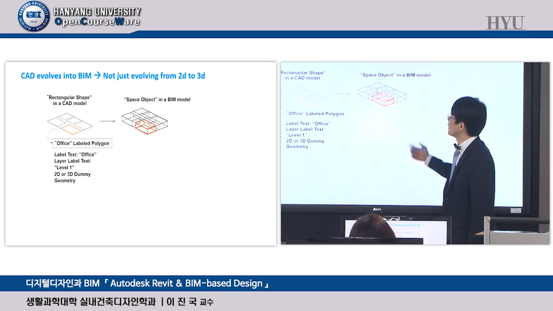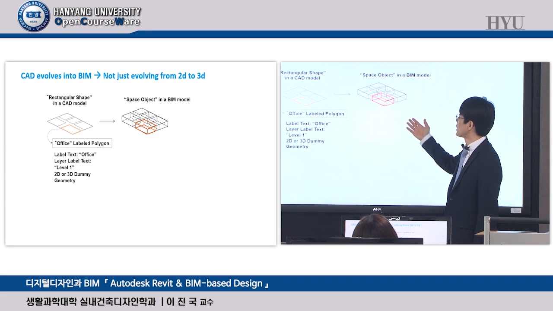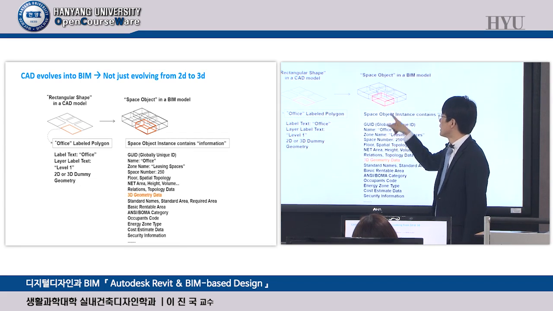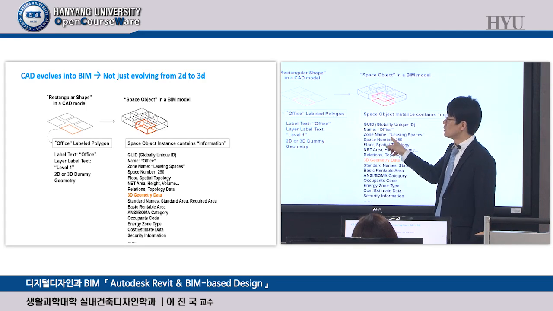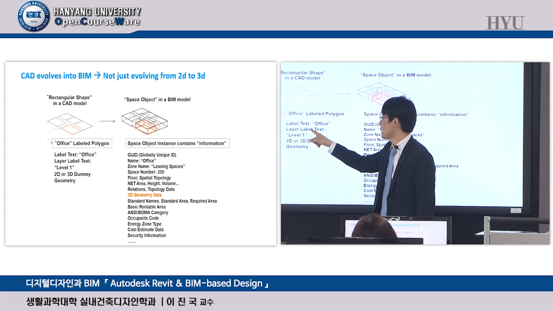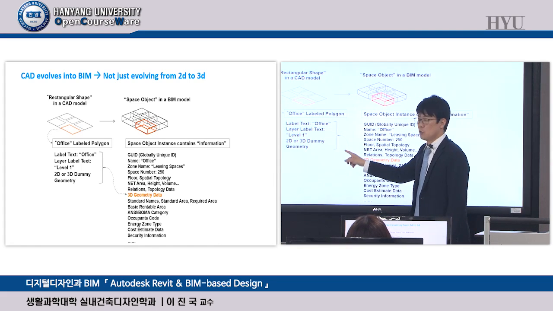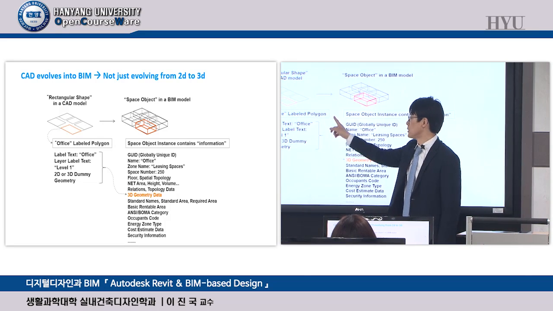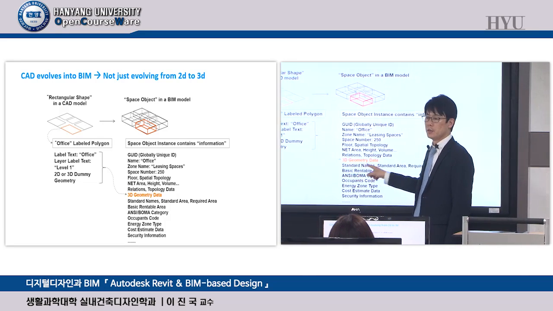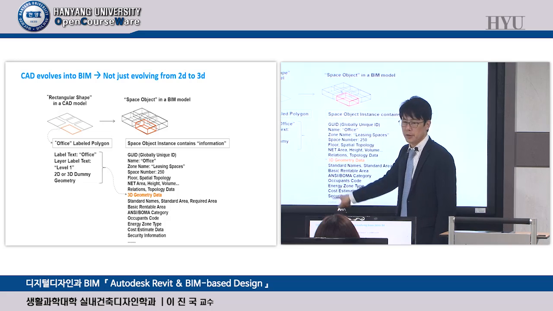But in a BIM tool, there is a space object. Its name is office, the space name is office. This is the label title text, office, okay? The entire geometry we created before is one tiny subset of the information set.